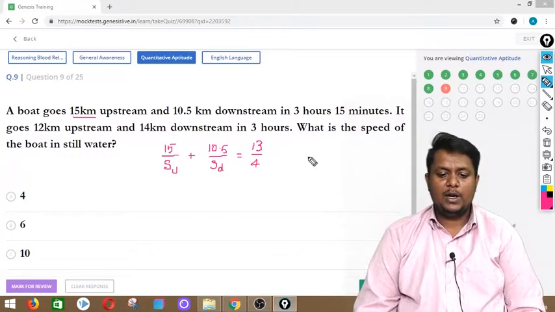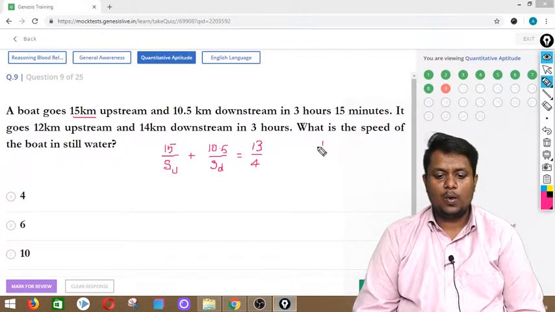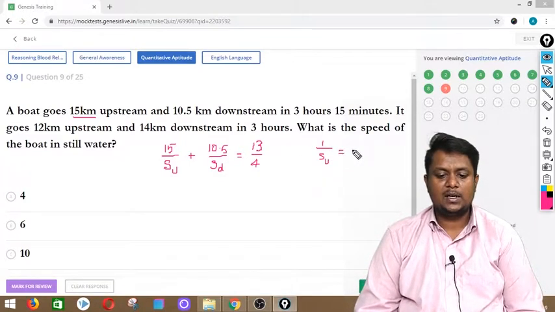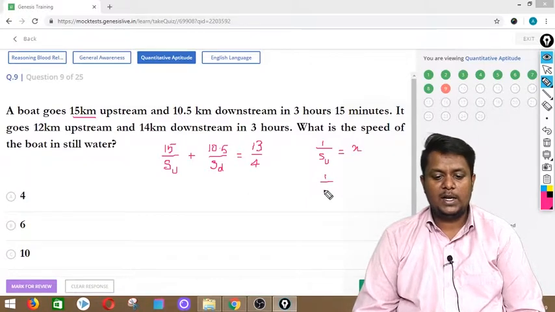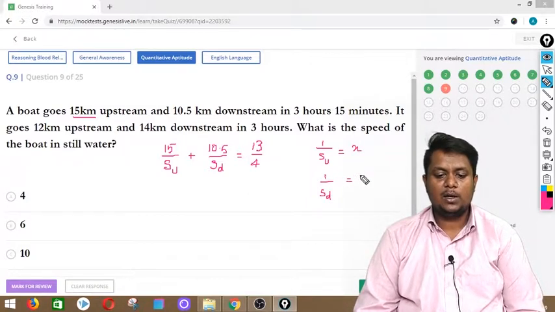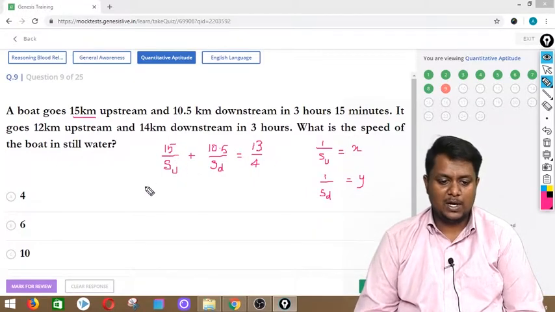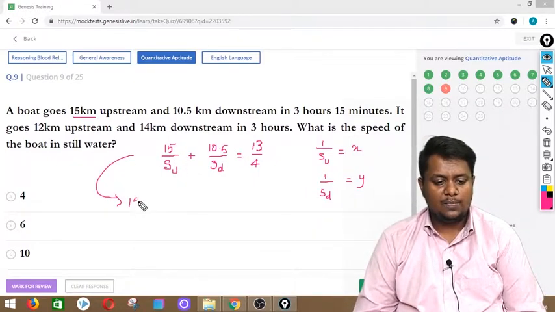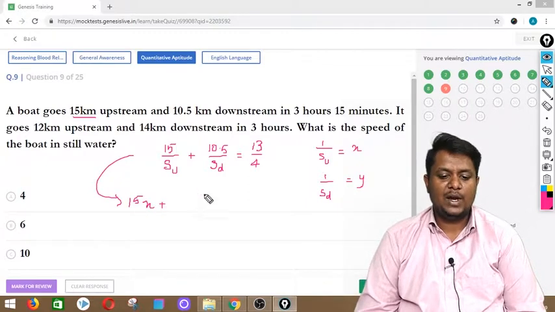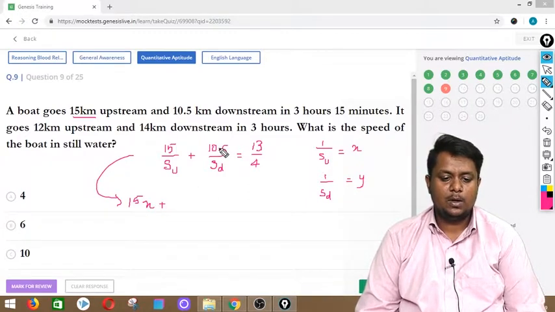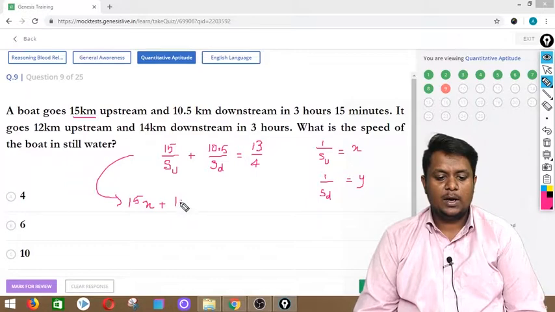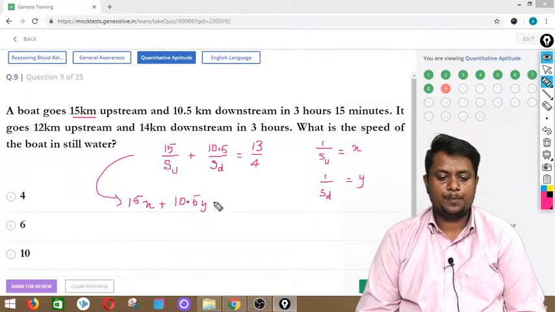Now, I am going to consider 1 by speed upstream as x and 1 by speed downstream as y. So, I substitute: 15 by speed upstream becomes 15x, 10.5 divided by speed downstream becomes 10.5y, which is equal to 13/4.